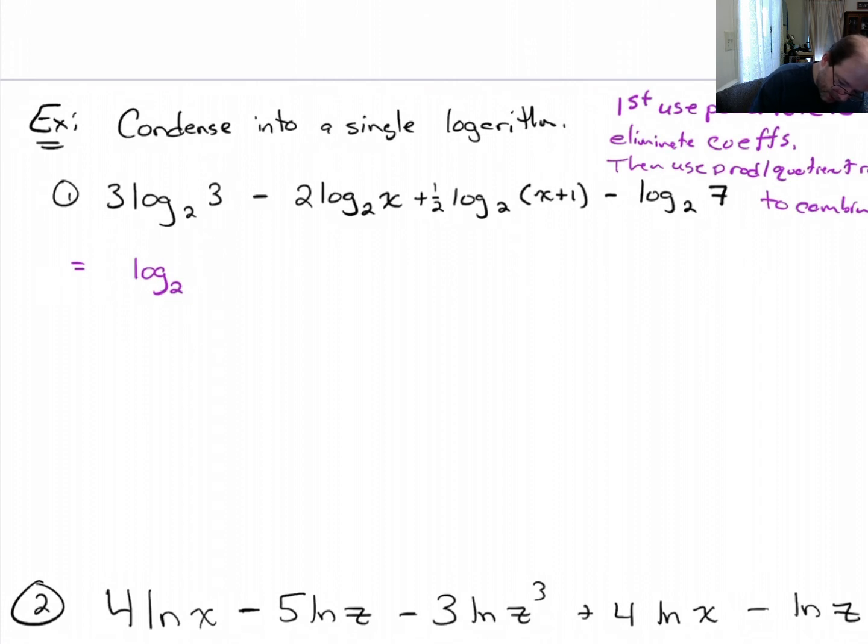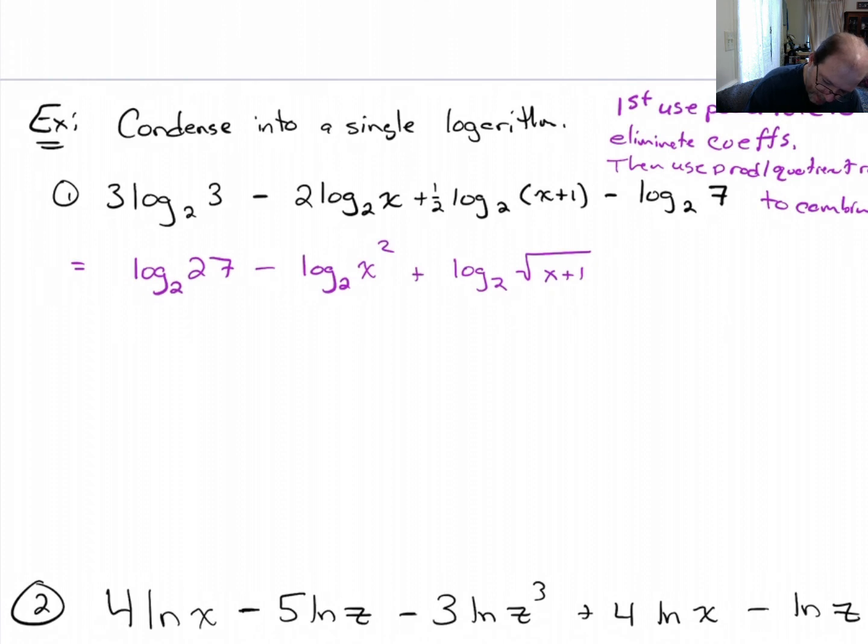Let's go ahead and write that as 27 minus log base 2 of x squared plus log base 2 of, let's see, we're going to get this to the 1/2 power, so I'm going to write that as square root of x plus 1 minus just log base 2 of 7.